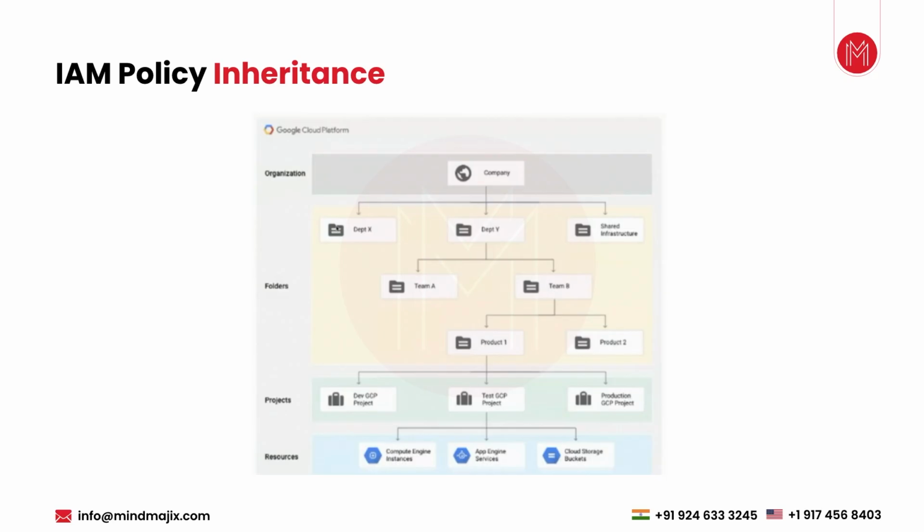Archana, you got access to whatever is under department Y: team A, team B, product one, product two, all the projects. But you have no clue what is under department X, because you have access from this level only. Make sense? You have no clue how many folders or projects are under department X. This is Hyderabad, right?